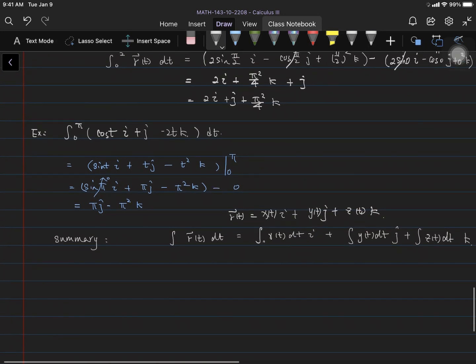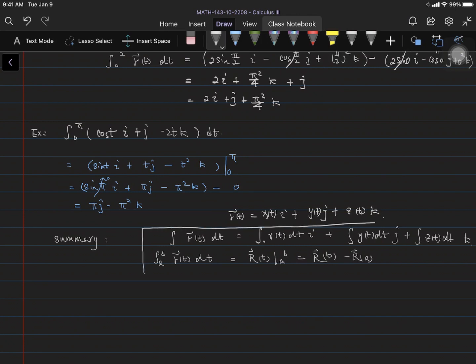So this is the indefinite integral. The definite integral from a to b of r(t) dt just equals R(t) from a to b, which is R(b) minus R(a). And what is R? R is the antiderivative of the vector function r(t).